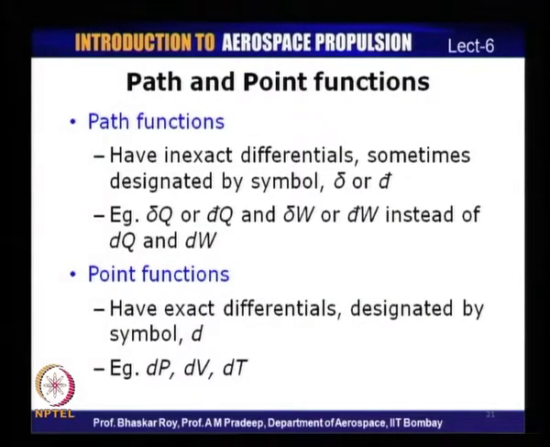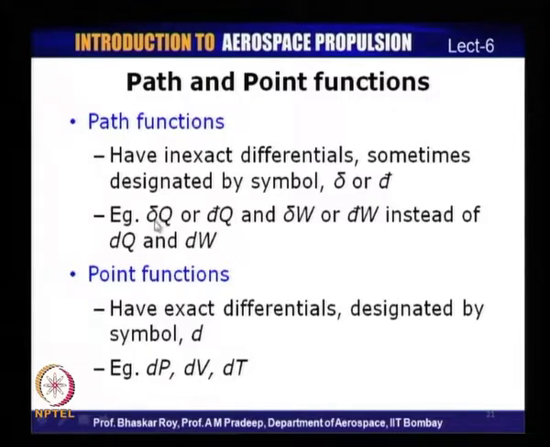You might wonder what path and point functions are. Path functions, as the name suggests, are those functions which depend upon the path of the system, and all path functions have inexact differentials. In different textbooks these are designated in different ways, sometimes by the Greek symbol delta or by d with a cross.